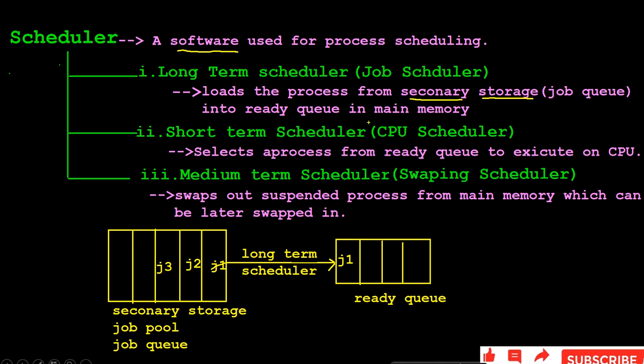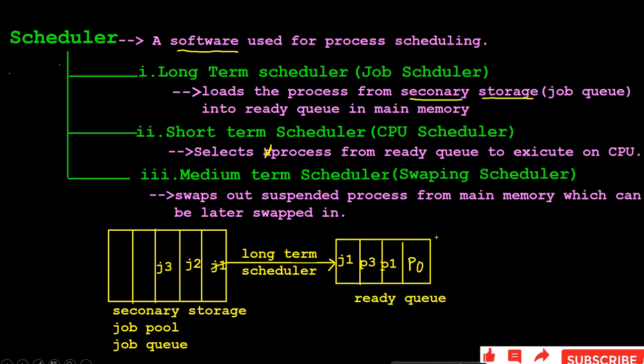Okay. So coming to the short-term scheduler, it will select the processes from the ready queue to execute on the CPU. At a time, in the ready queue there can be many processes. Let us call them processes and represent them by P. So P0 is there, for example, P1 is our second process, and P3.